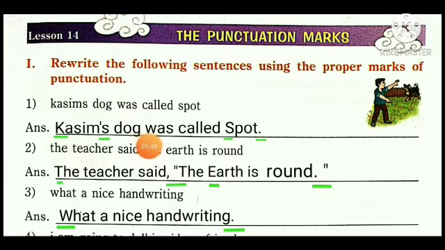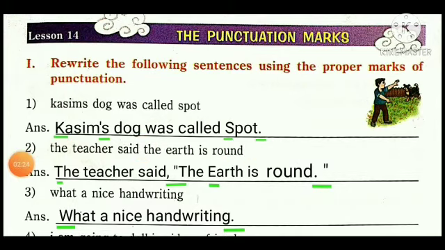Then Spot is the name of the dog, and since we know that dog, it becomes a proper noun. So S is capital as a proper noun here, and at the end we have written a full stop. That is the proper punctuation we have used in this sentence.